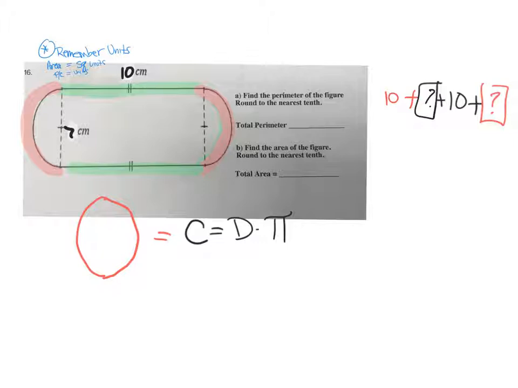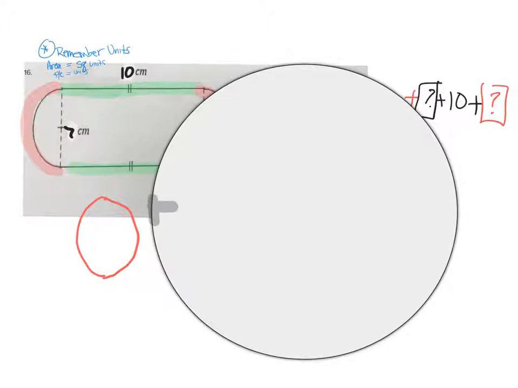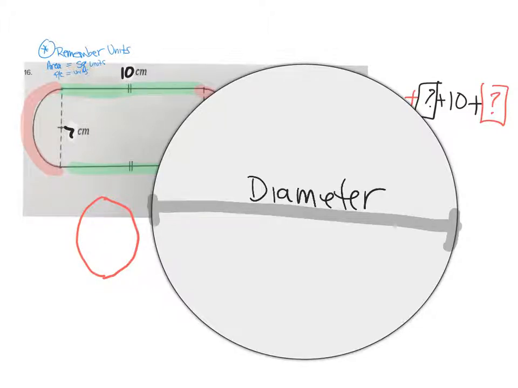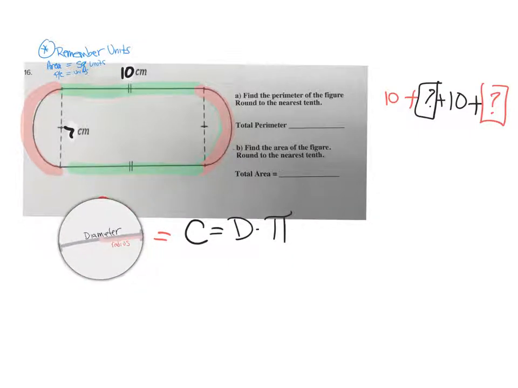When we're looking at a circle, as a quick refresher, the diameter is the distance from one end to the other. It's that full distance. The radius is from the center out. So a radius is really half of a diameter. Looking at this picture, what is the 7 telling me it is of the circle?